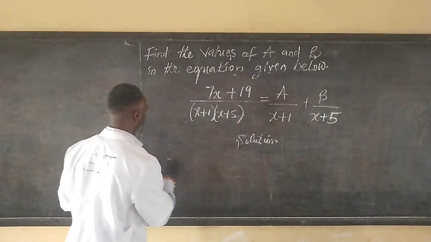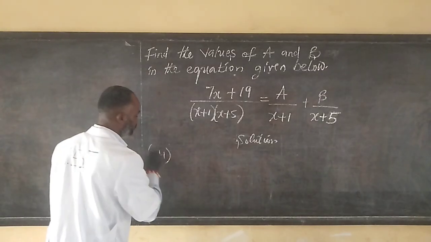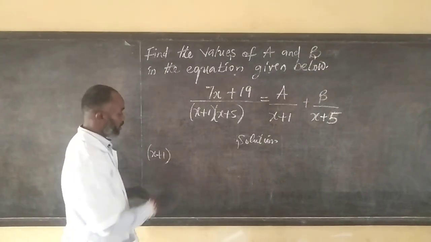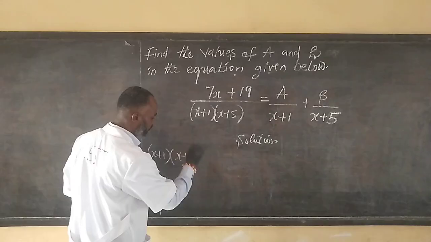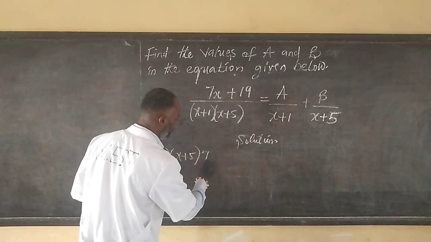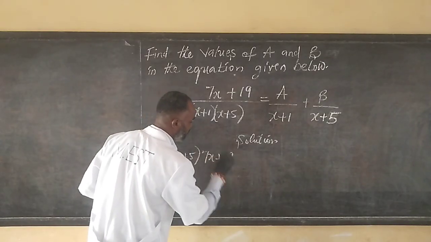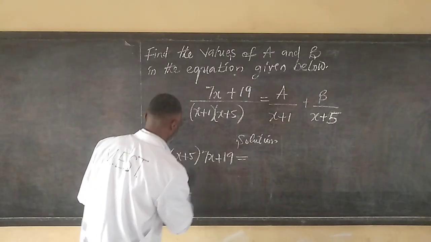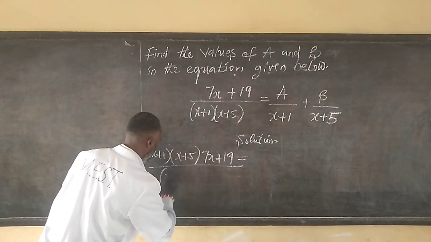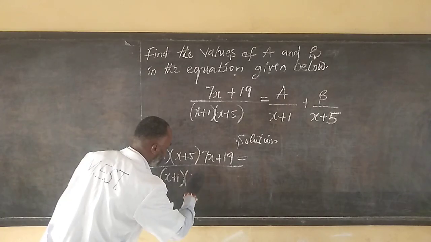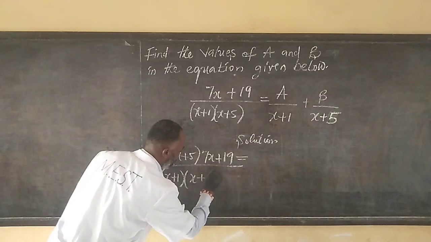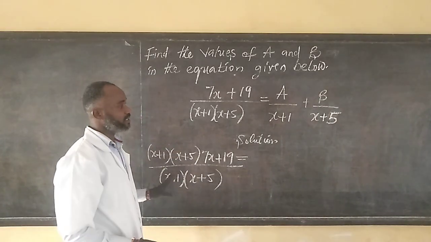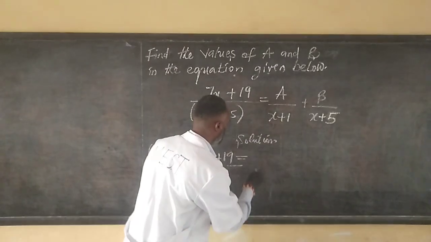So we have bracket x plus 1, bracket close, bracket open x plus 5, and then we have 7x plus 19, all equal to, or rather over, x plus 1, x plus 5. That's the first thing. We do the same thing here. We come here and do the same thing.